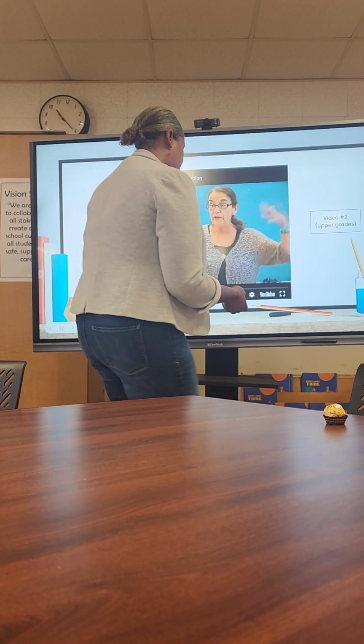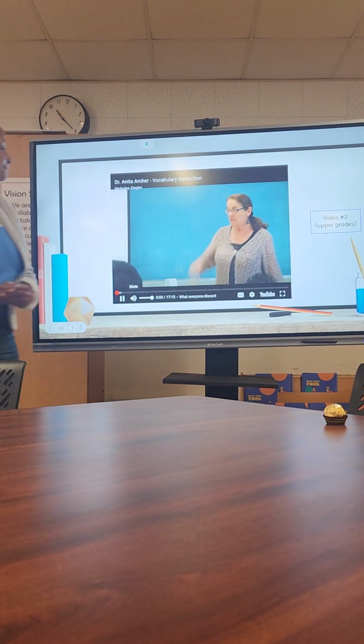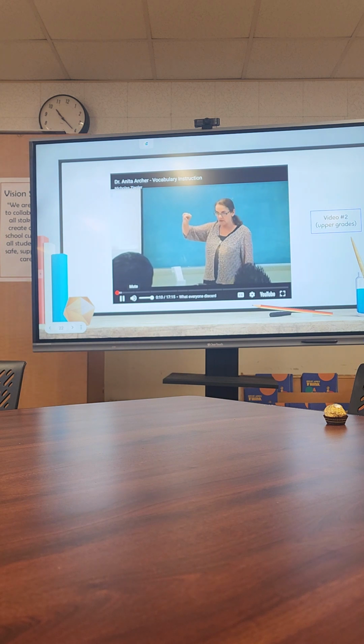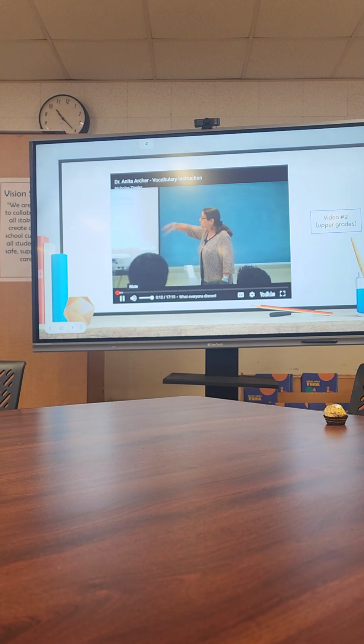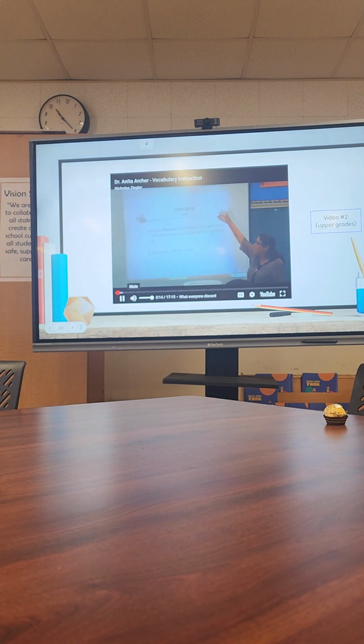So, looking up here, we're going to expand on some of our vocabulary words. And the first word is what, everyone? Discard. And part of speech, it is a verb. And read the definition. If you discard something, you get rid of it because you no longer want it or need it.